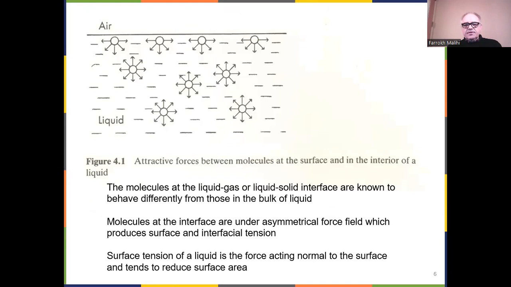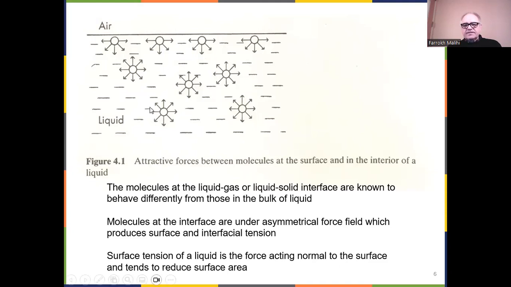A few points about surface and interfacial tensions. In this schematic, we're looking at an interface between a liquid and air. The molecules at the liquid-air interface, or liquid-gas interface, are known to behave differently than those in the bulk.